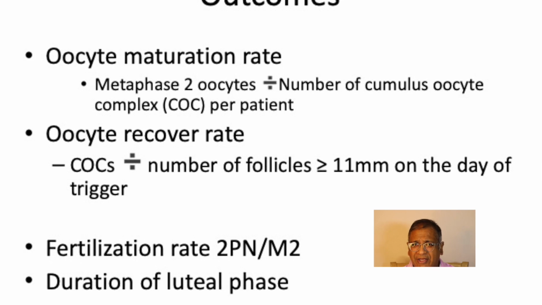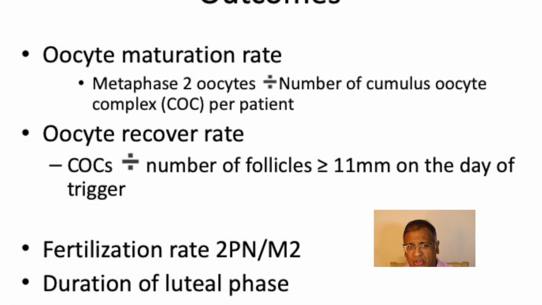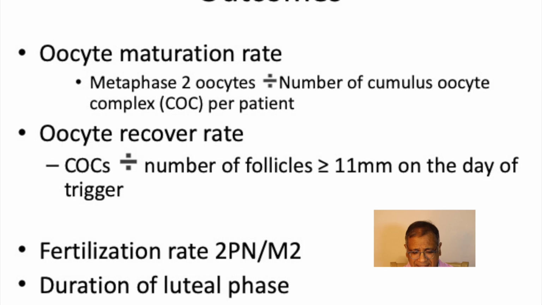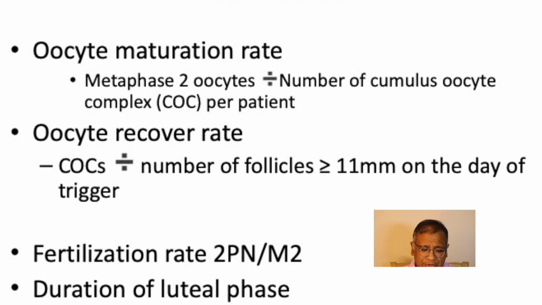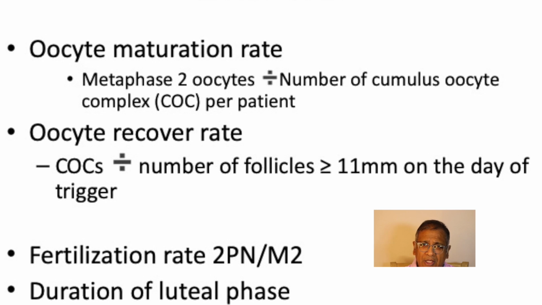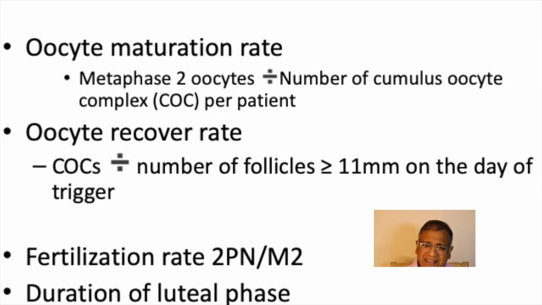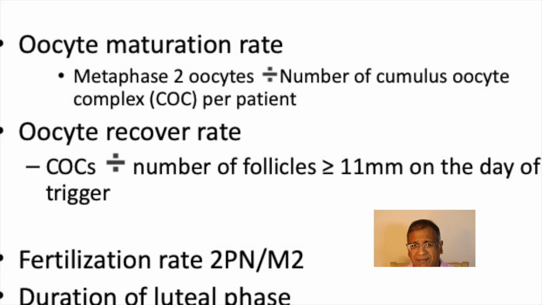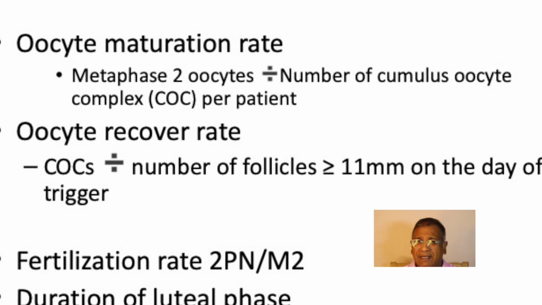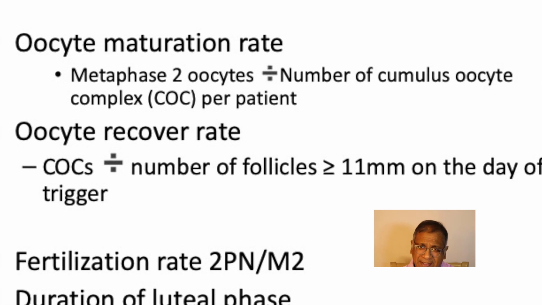And oocyte recovery rate is the total number of cumulus oocyte complex divided by follicles which are greater than 11 millimeter on the day of trigger. Fertilization rate is defined as the number of 2PN embryos divided by the number of metaphase 2 oocytes. And then we looked at the duration of the luteal phase.